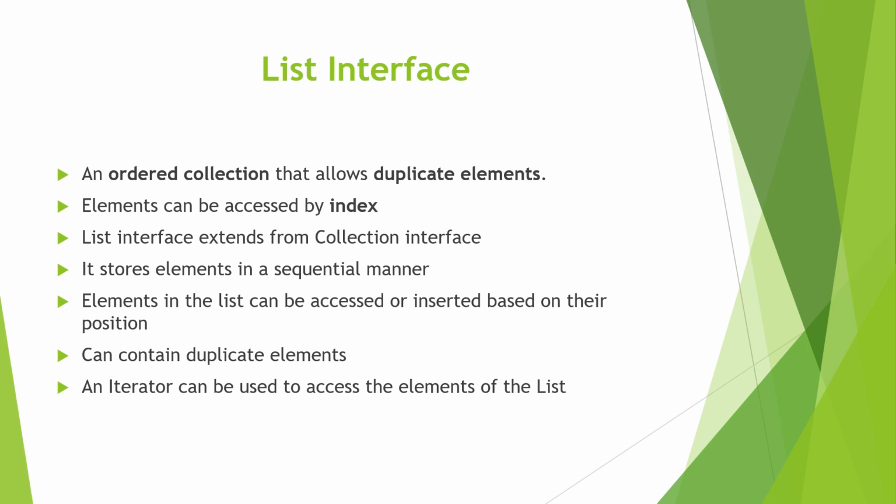The elements stored in the list interface can be accessed by index, and the list interface is a part of collection interface. Whenever we want to access, insert or retrieve any element, we can use the index number easily, and it contains duplicate elements, and even the iterator method is used to access the elements of the list.